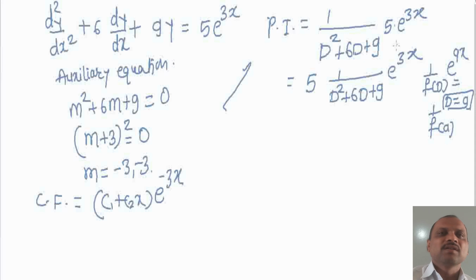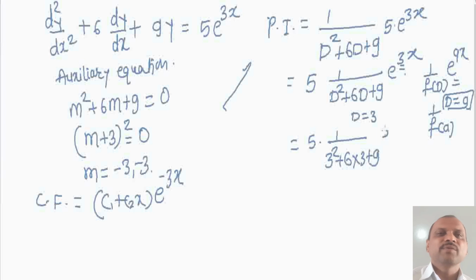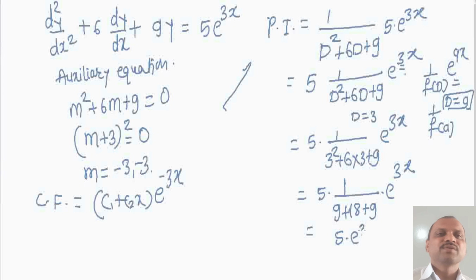Here, what is a? a is 3. Hence we have to put D equal to 3, so that it will be 1 upon 3 square plus 6 into 3 plus 9 into e raised to 3x. So this is equal to 5 into 1 divided by 9 plus 18 plus 9 into e raised to 3x, equal to 5 into e raised to 3x divided by 36.